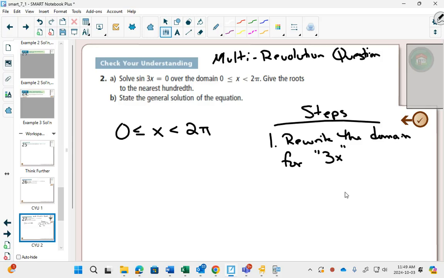Does it make sense that the number you picked is now somewhere between 3 and 30? So if I started between 0 and 2 pi and I multiply x by 3, it's now going to be between 0 and 6 pi.